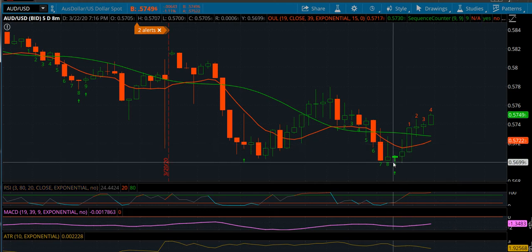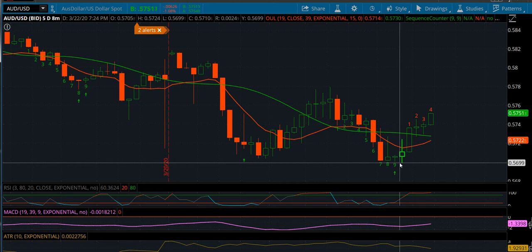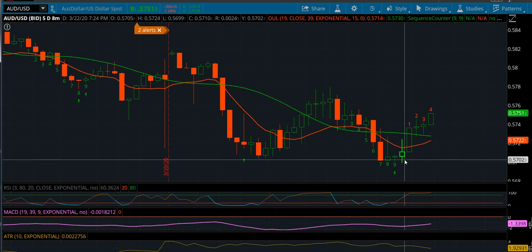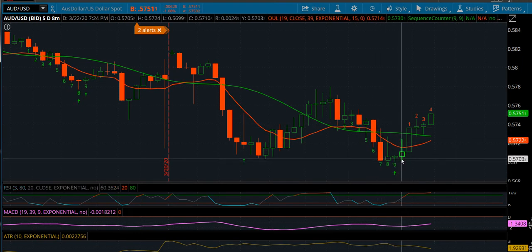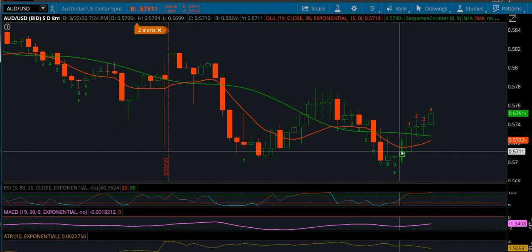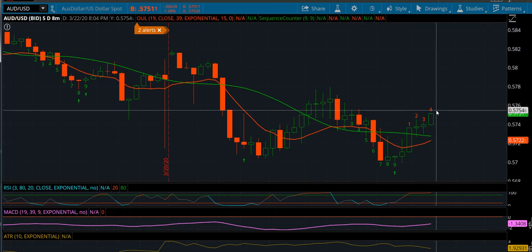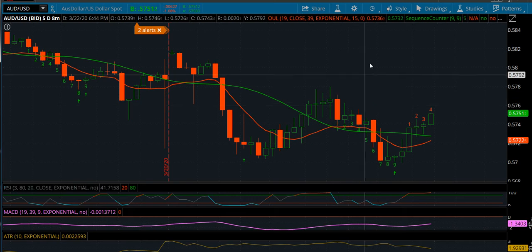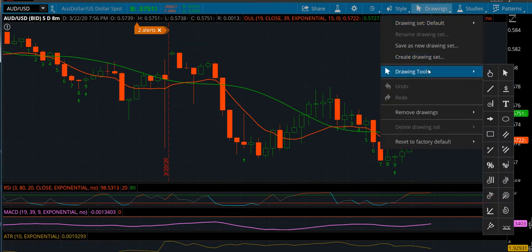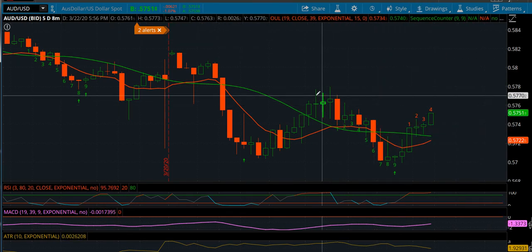So the expectation after a 9 count to the downside is the bulls push price up to resistance. The top of this one bar is the current resistance. Okay, so I'm going to put a line there.